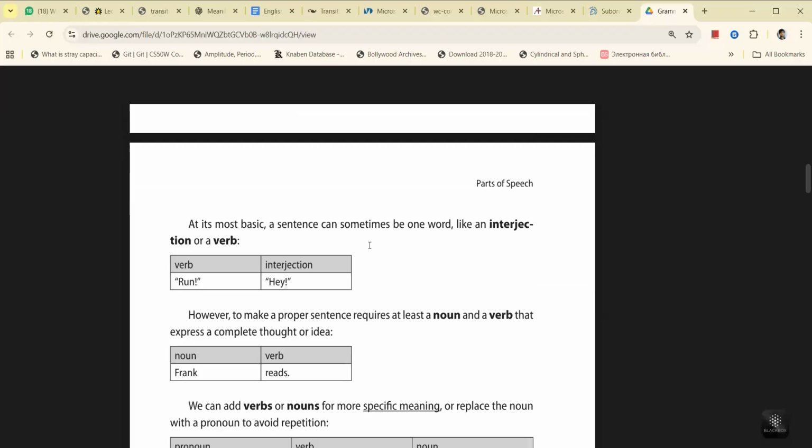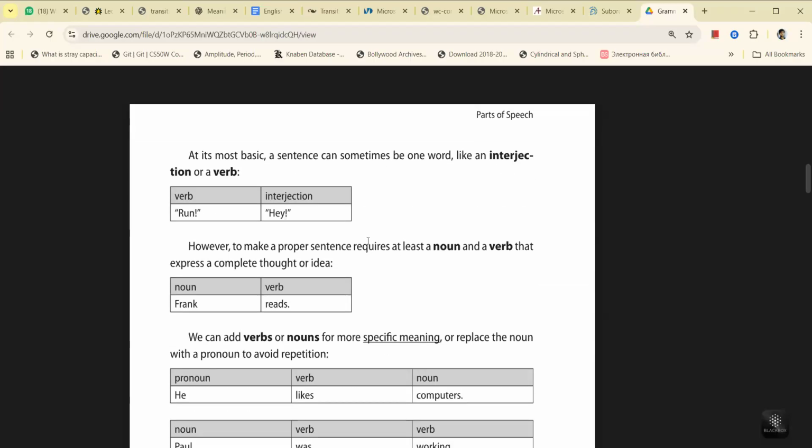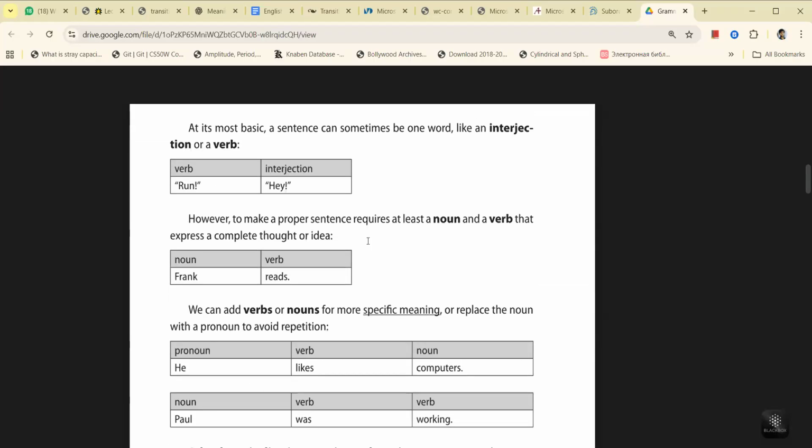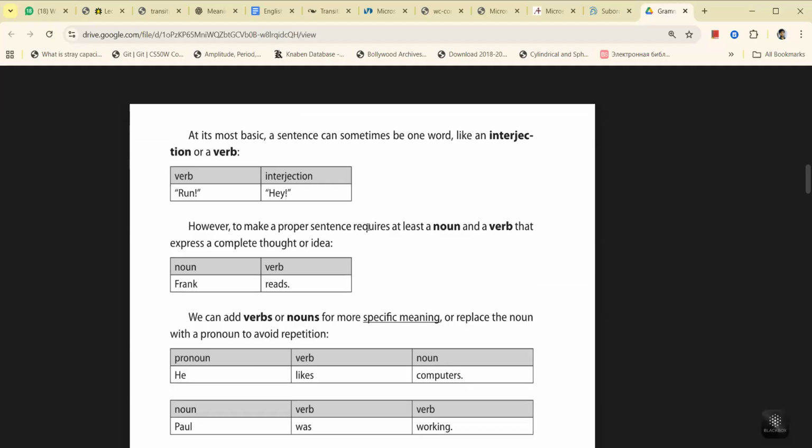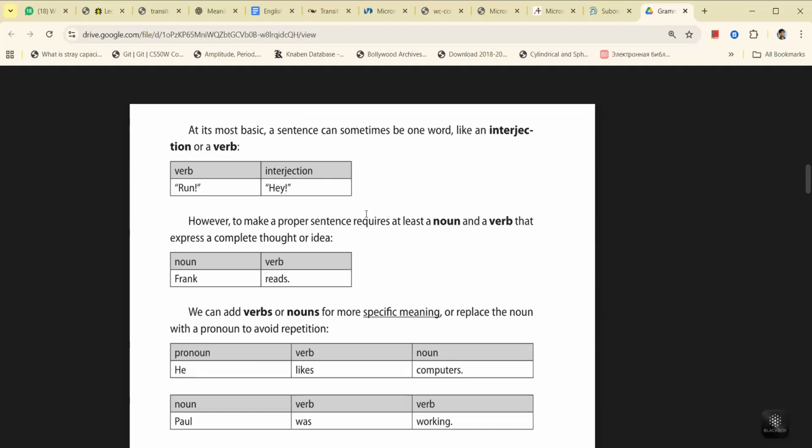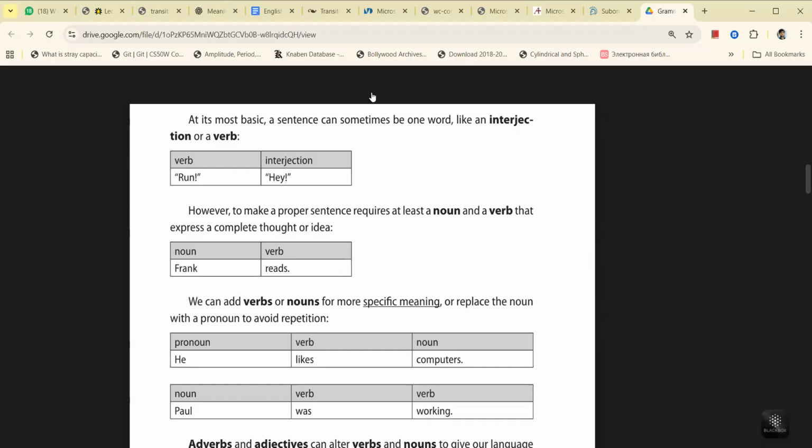Now here are some examples. The most basic sentence can sometimes be one word, like an interjection or verb.